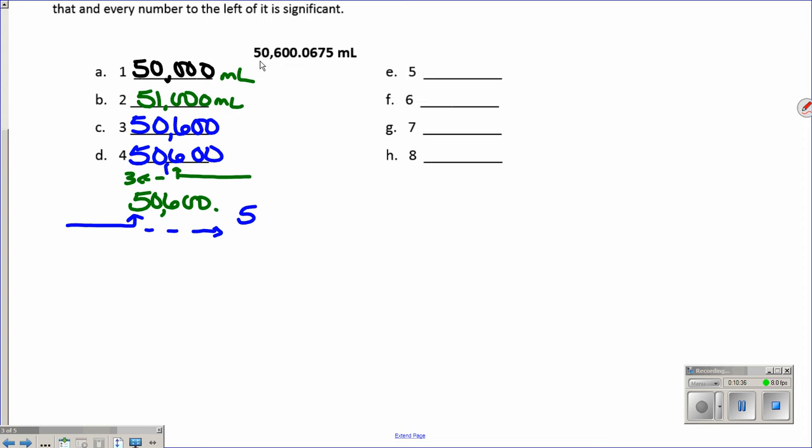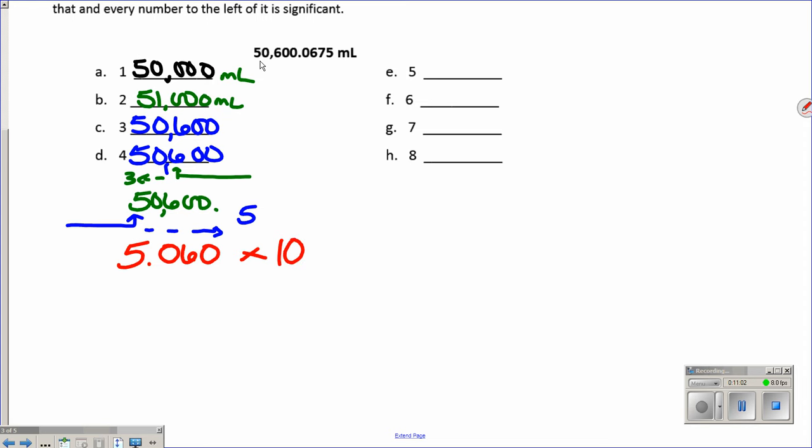Now, you learned about scientific notation in 5th grade and in 8th grade and then also in math classes, so I'm not going to go over that with you. But if you need refreshers on that, you should read your book or come see me after class. So we have 5.060. Remember, in scientific notation, there's 1 digit to the left of the decimal, and then that's going to give us the significant figures.